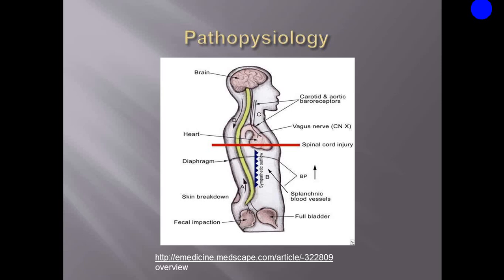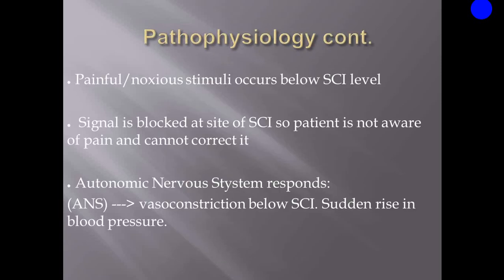That red line is the T6 line, or the level of the sixth spinal nerve level. Pathophysiology.